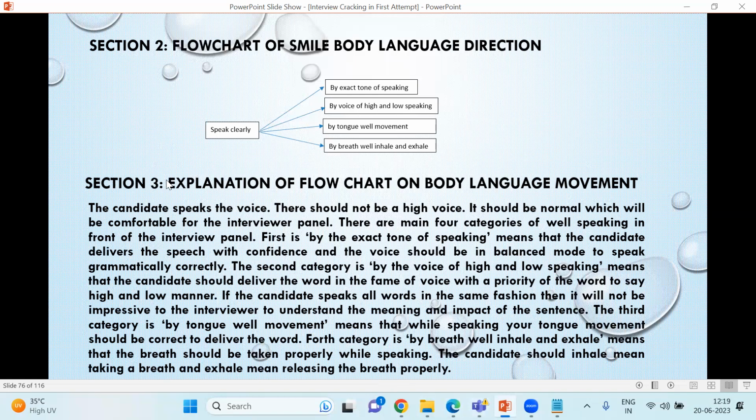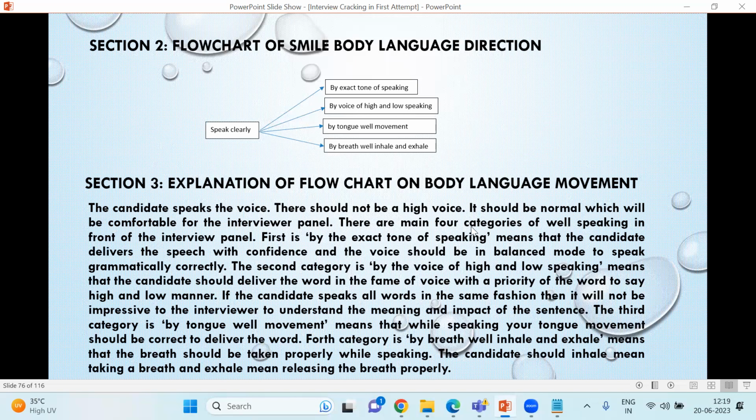Section 3, explanation of flowchart on body language movement. When a candidate speaks, there should not be a high voice. It should be normal, which will be comfortable for the interview panel.